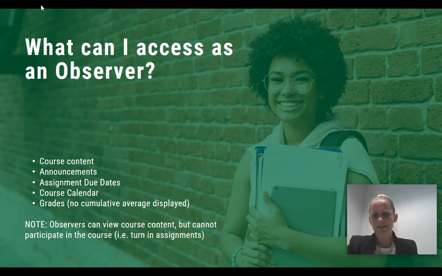This is because they're not always accurate. Sometimes teachers don't grade the big project until the very end of the quarter or semester. Homework grades, participation grades, those sorts of things often don't get put in until the very end of the quarter. So we don't want to display inaccurate averages, but you can see grades on individual assignments.